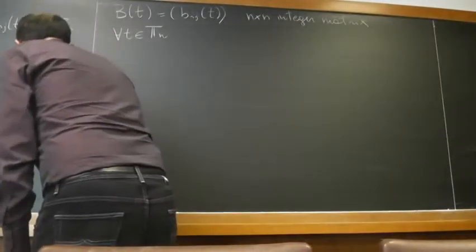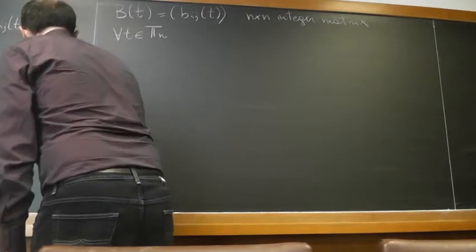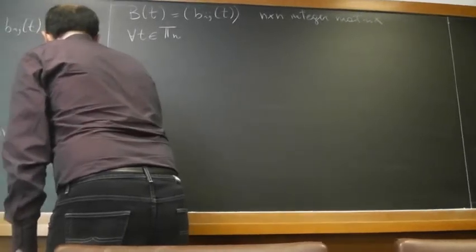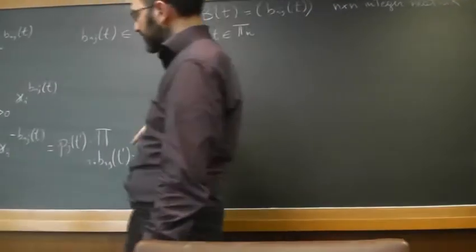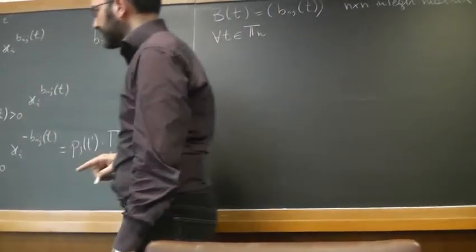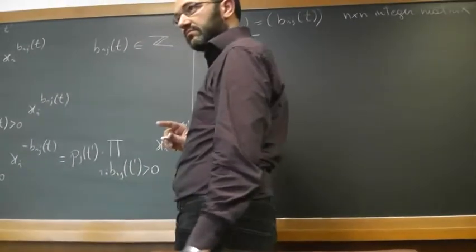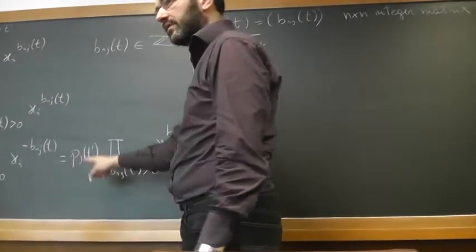This is Pj t prime times the product on i such that Bij t prime is positive, xi to Bij t prime. I've just rewritten this expression with t prime instead of t. Okay?